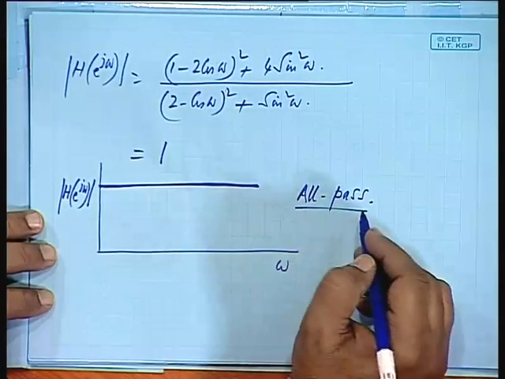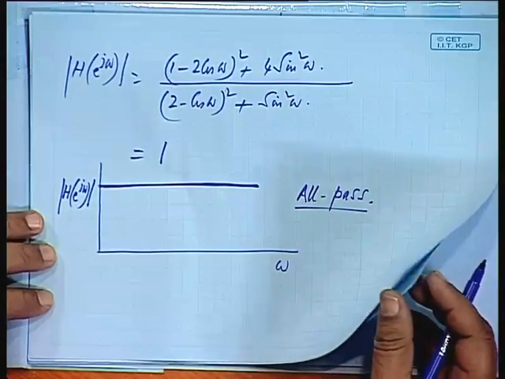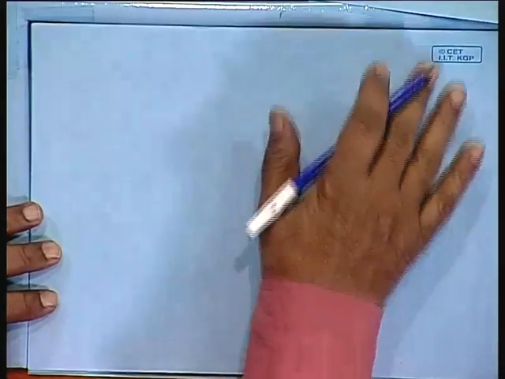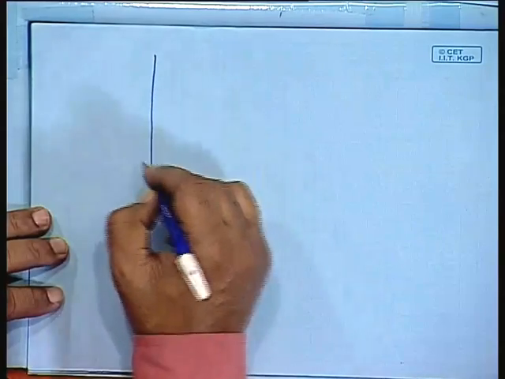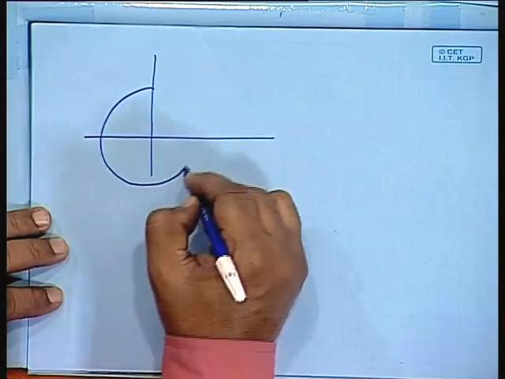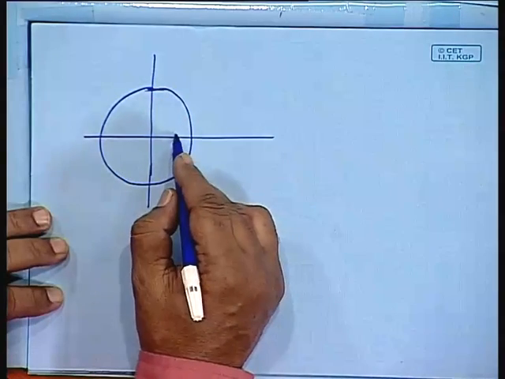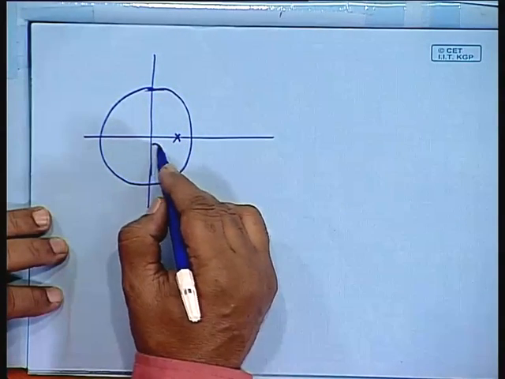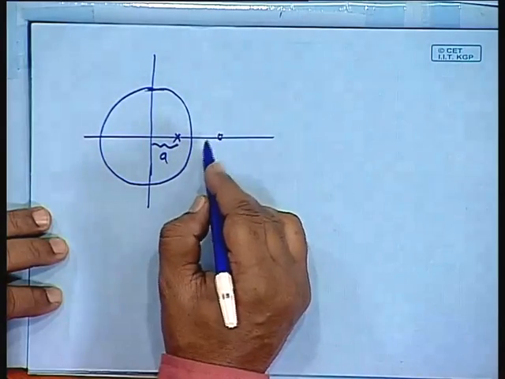What is the peculiarity about the all pass filter? An all pass filter has poles and zeros in inverse positions, that is, if there is a pole at some distance a, then there will be a zero at 1 by a.